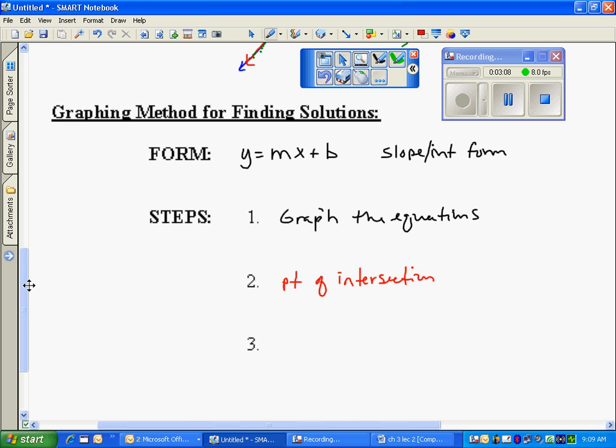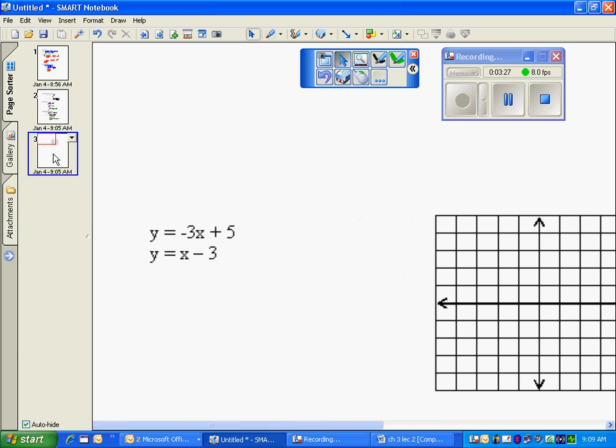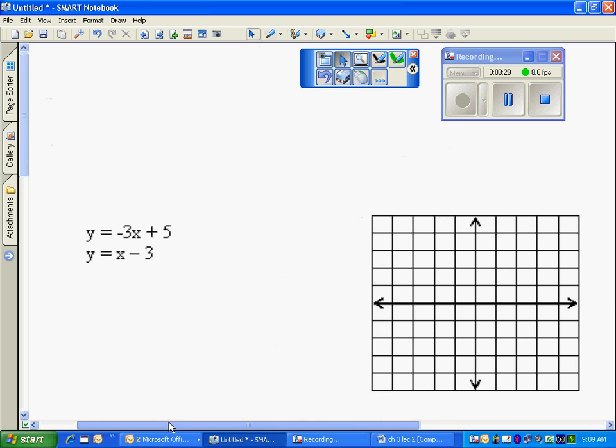And then the last step that you should always do, especially when graphing, is check your solution in all equations in the system. You want to make sure that you graphed it correctly and accurately. Graphing is a little bit inaccurate unless, of course, you're using technology.